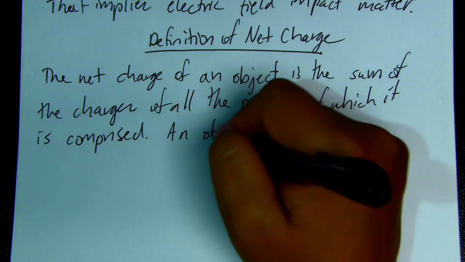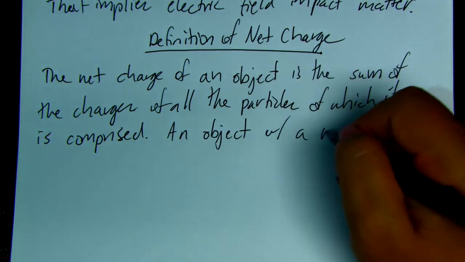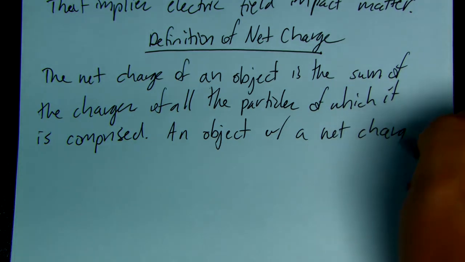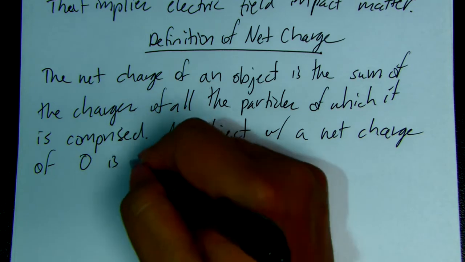An object with a net charge of 0 is called neutral.